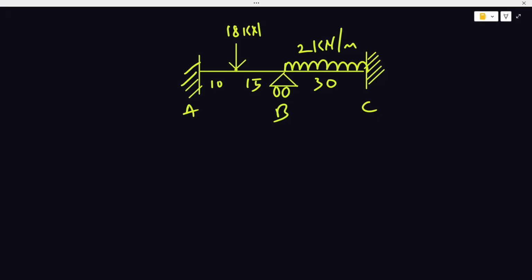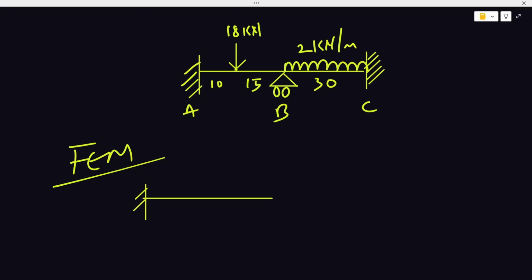So remember that in the fixed end moments, we assume that all the supports are fixed. So FEMs, fixed end moments. So I have this. You always draw your diagrams. 10, 18 kilonewtons.